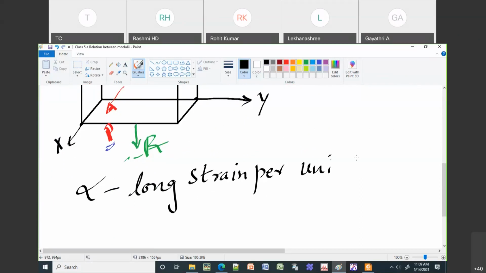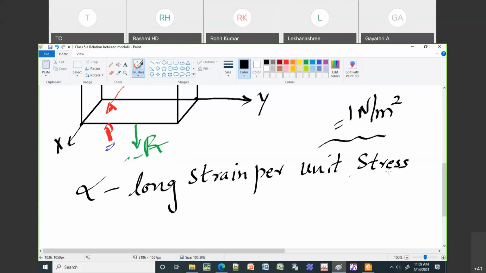Per unit stress means the stress is also equal to 1. 1 means it is 1 Newton per meter square. So unit stress means this is equal to 1 Newton per meter square. That is your unit stress.